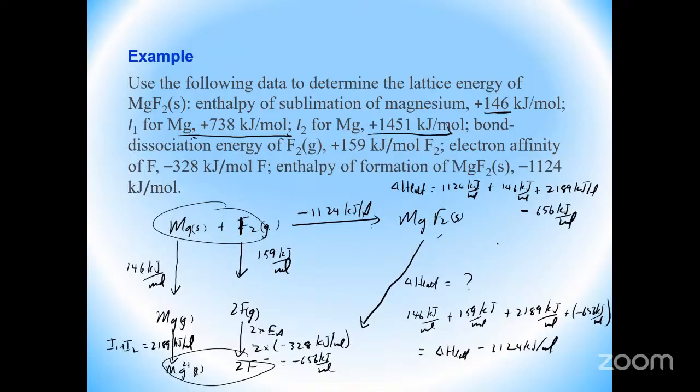And that's it. So let's see what that gives. 1124 plus 146 plus 2189 minus 656. And according to my calculation, this gives you 2803 kilojoules per mole. I have a sneaking suspicion that something is wrong. Let me check something here.